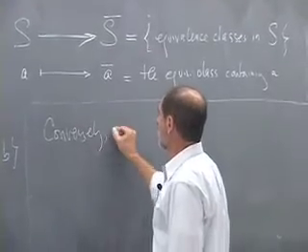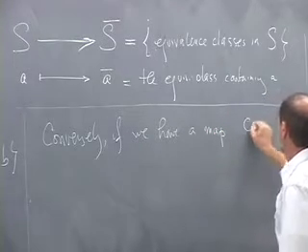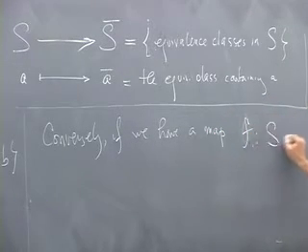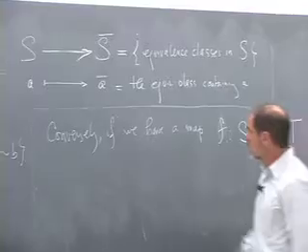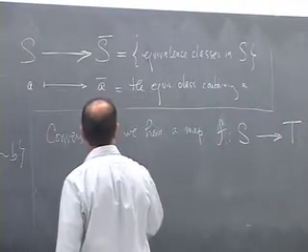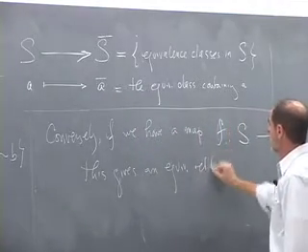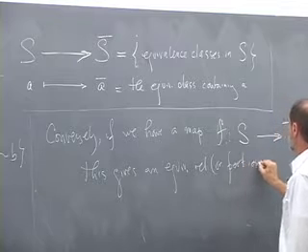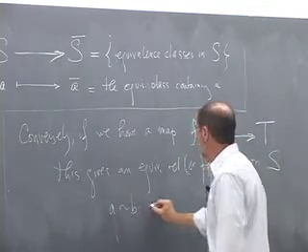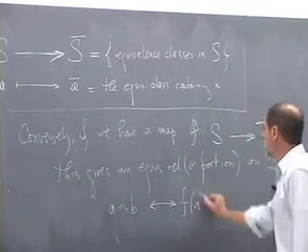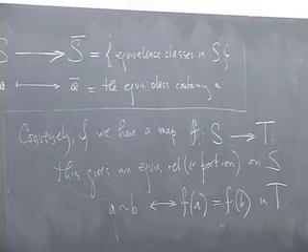Conversely, if we have a map of sets, let's call it f, from a set S to a set T, that just assigns elements in S to an element in T, this gives an equivalence relation or partition on S. Namely, we say a is equivalent to b if and only if f of a is equal to f of b in T, if they have the same image in T.